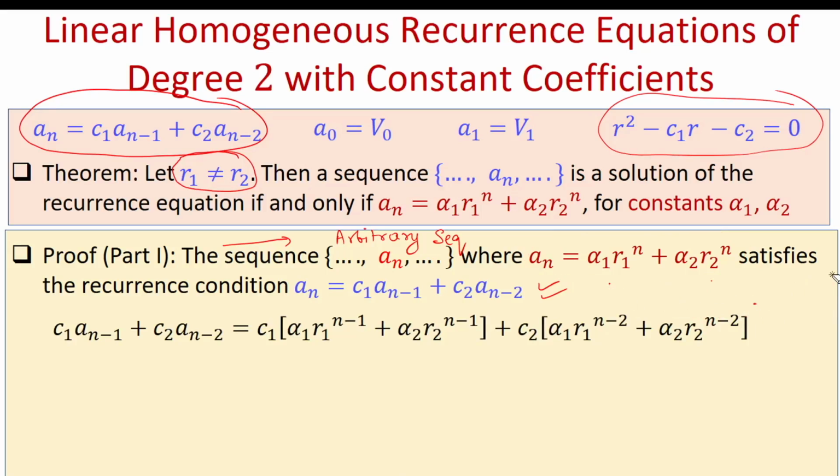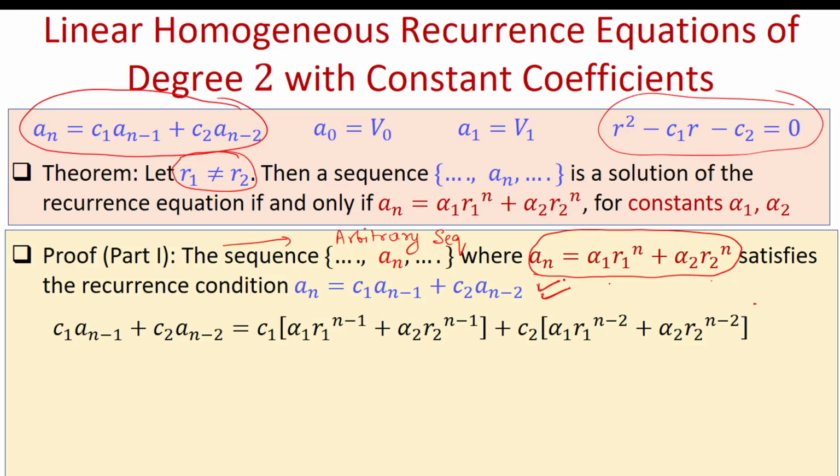What is the nth term of the arbitrary sequence that we are considering? Or put it another way, our goal is to show that if the nth term is of this form, then this recurrence condition is satisfied.